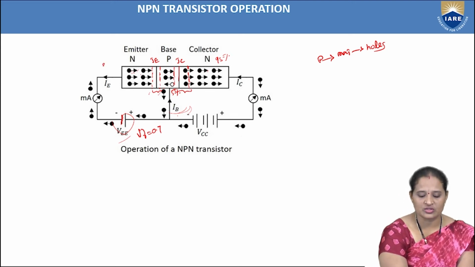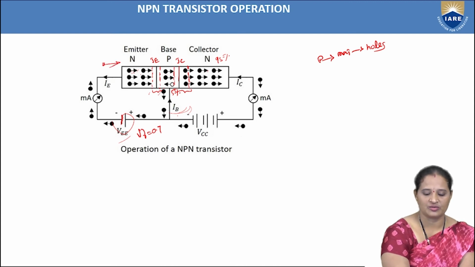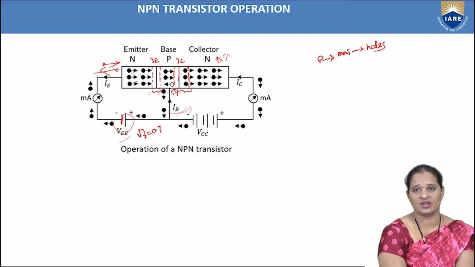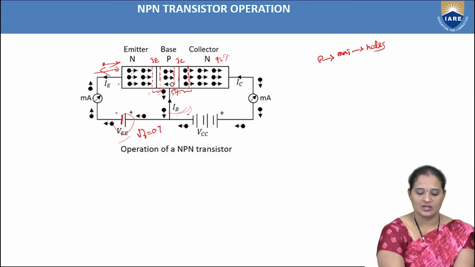As the electrons are moving in this direction, what about the hole direction? We do have minority charge carriers in the N-type semiconductor. What are the minority charge carriers? Holes. The holes will be attracted by the negative terminal of the battery, so the holes are moving in this direction and electrons are moving in this direction.